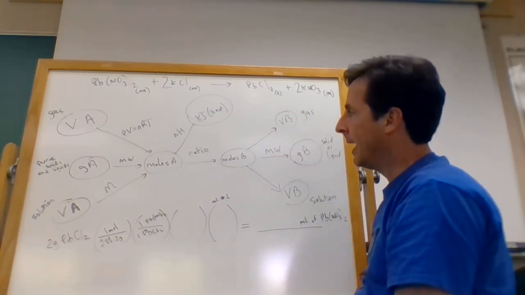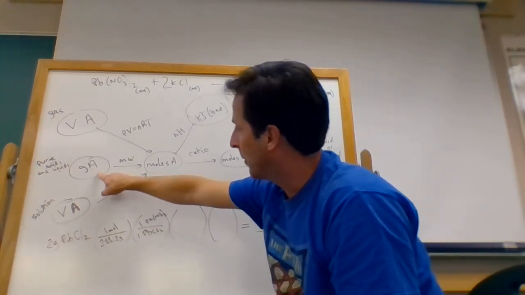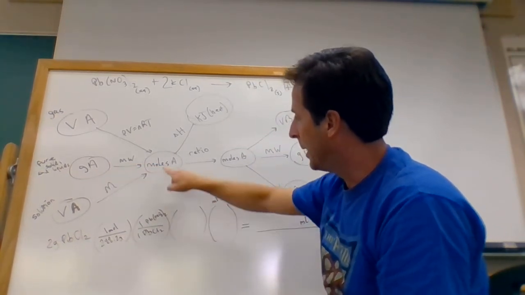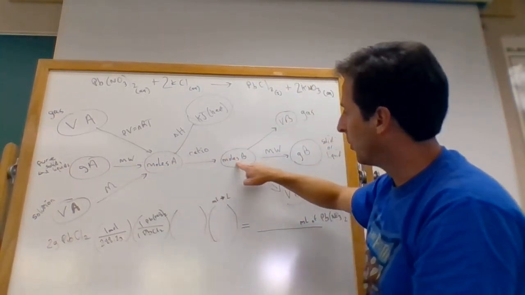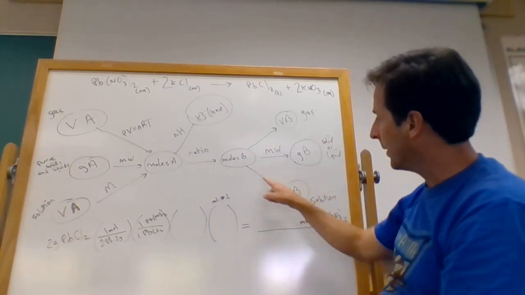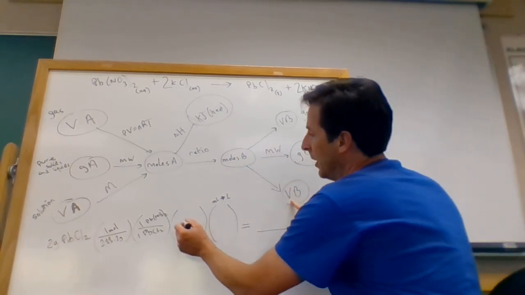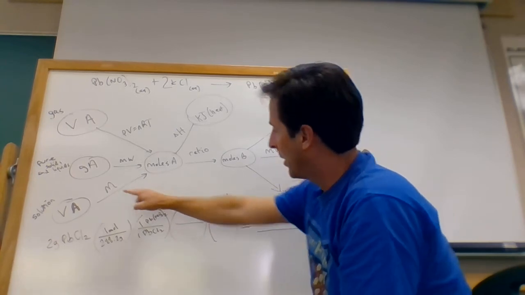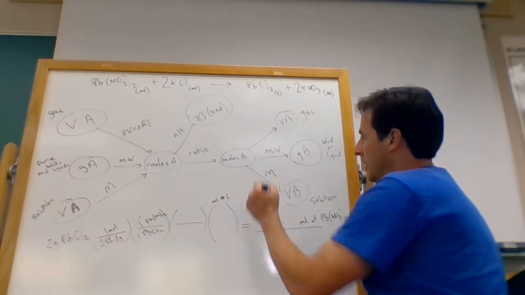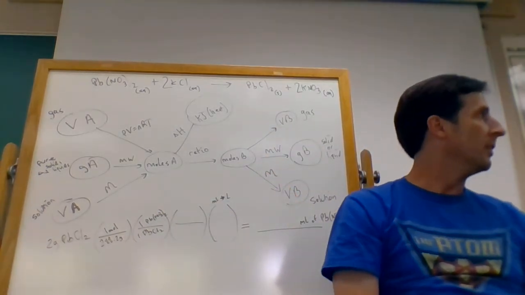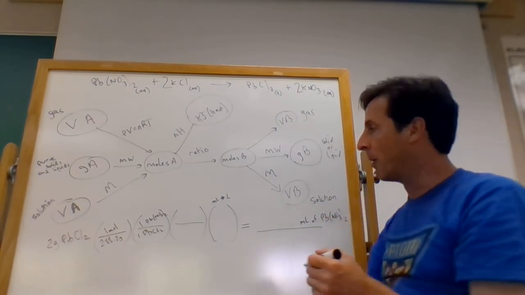Okay, so the first step took me from grams to moles. The second step took me from moles of lead chloride to moles of lead nitrate. Now finally I want to go to the volume. Over here it was molarity, so over here it's also a molarity. The molarity of the solution for lead nitrate is 0.25 molar.